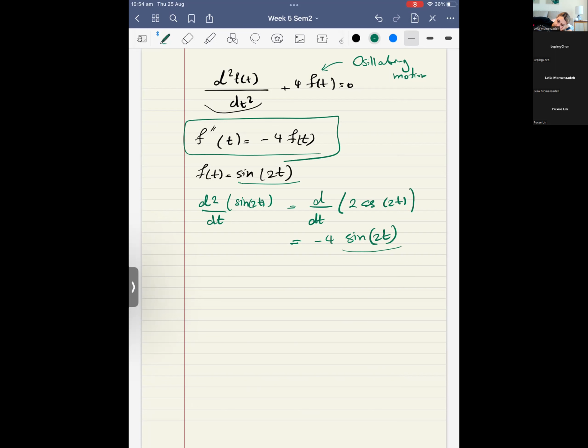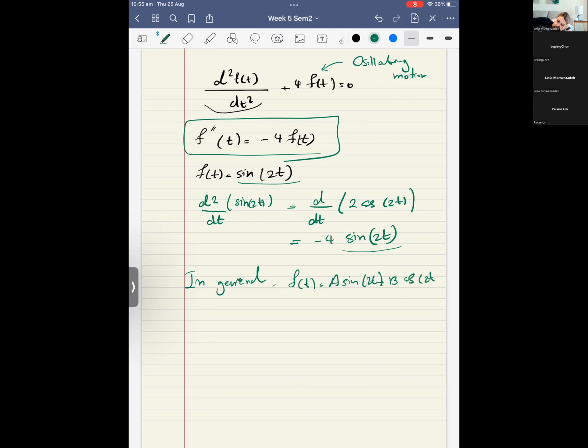And in general, I can write f(t) as a sine 2t plus b cosine 2t.